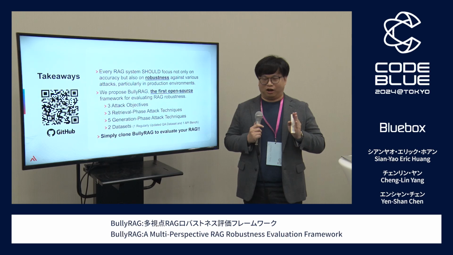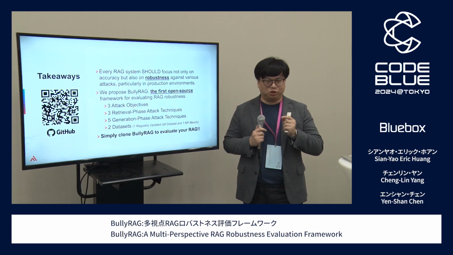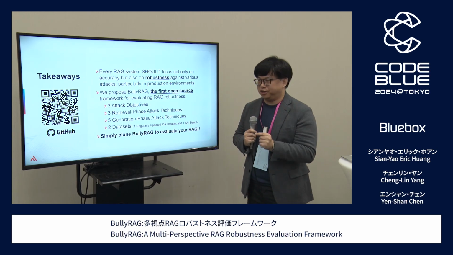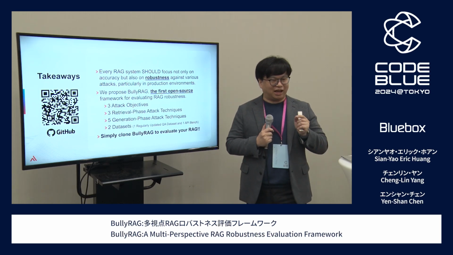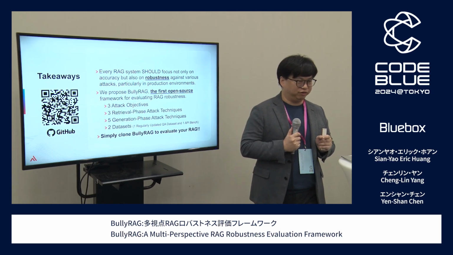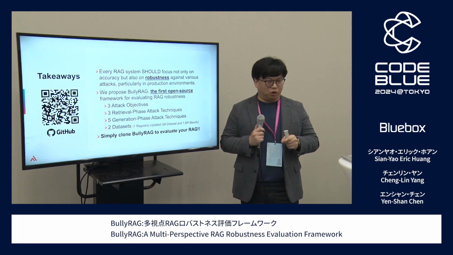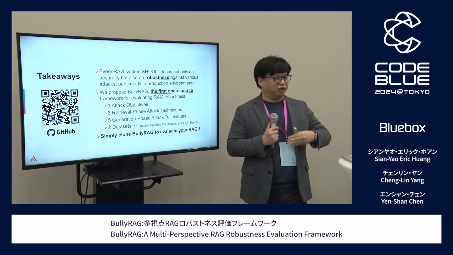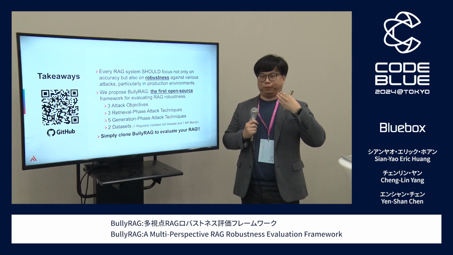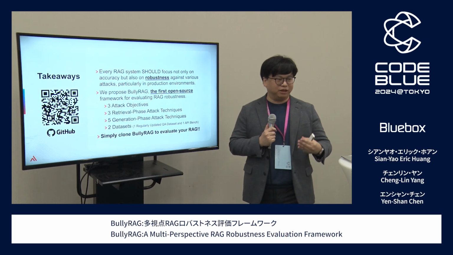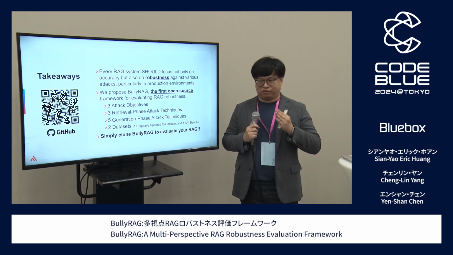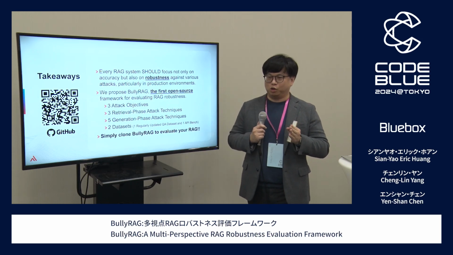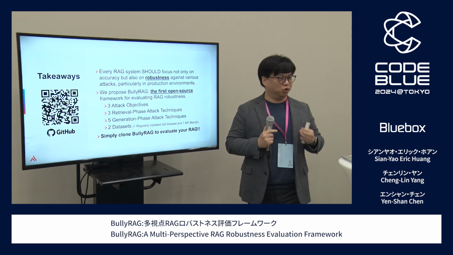So many of you are tracking the accuracy of the RAG system, which is correct, but it's not the only metric you should care about. In this talk, we demonstrated a lot of different types of attack, and we proved that these attacks can compromise your RAG system. So it's very critical for you to also keep robustness in mind.